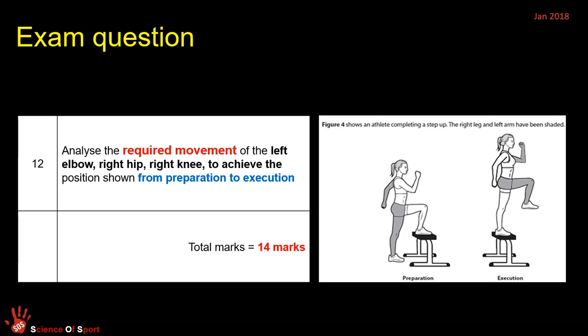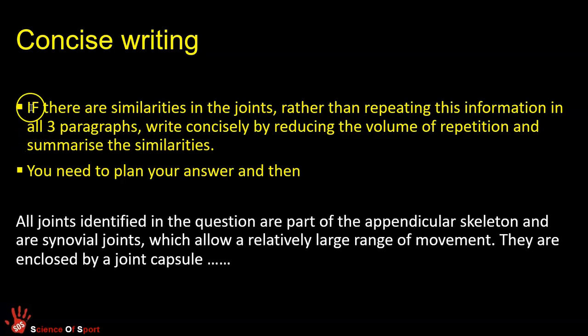Rather than writing out the same stuff every paragraph, I write more concisely and decide to chuck some of that information in one bit. So if there are similarities in the joints, rather than repeating this information in all 3 paragraphs, write concisely by reducing the volume of repetition and summarising the similarities.